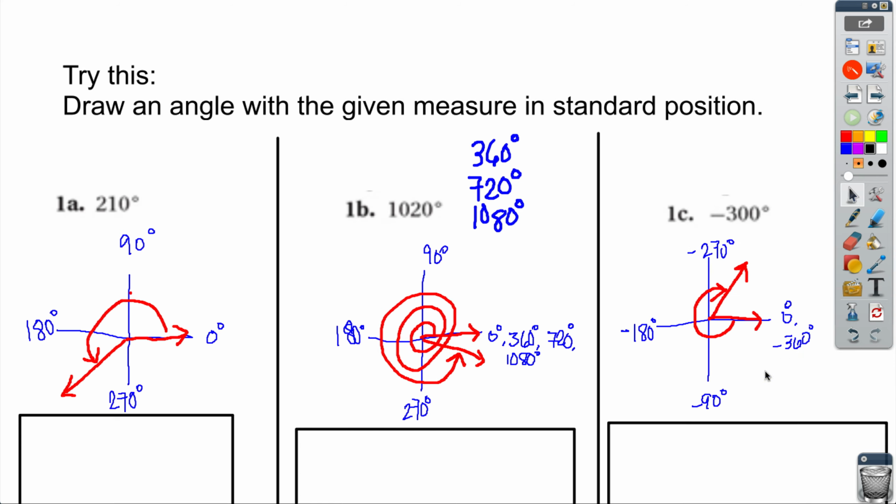So remember that your measures are now going to be negative, and you're going the opposite direction, where negative 300 degrees from the initial side will now go this way, clockwise, almost reaching a full rotation, but 60 degrees short, and you place your terminal side to show your rotation. Okay, so hopefully you were able to go over this. Feel free to pause the video at any point so you can review the questions. Let's go forward.